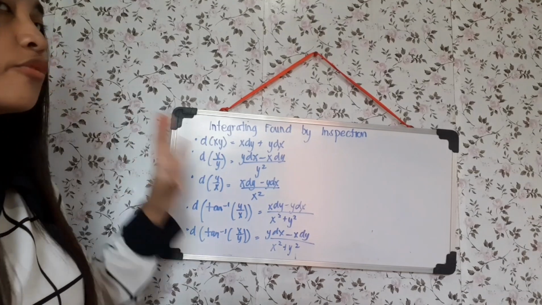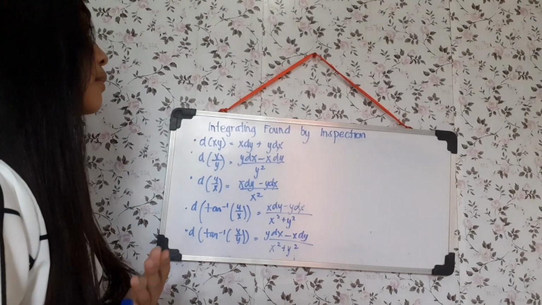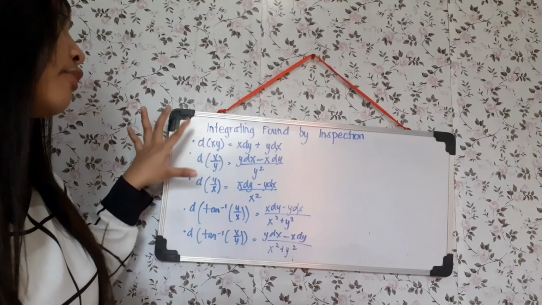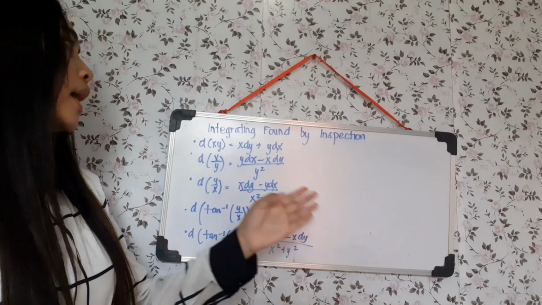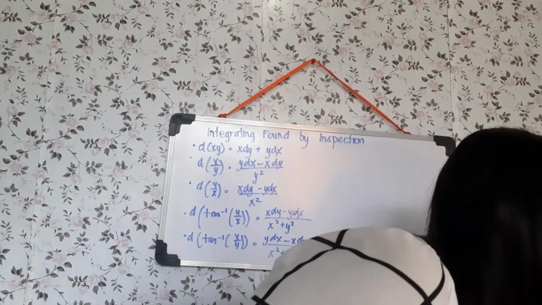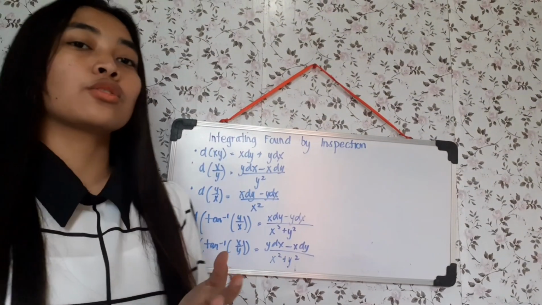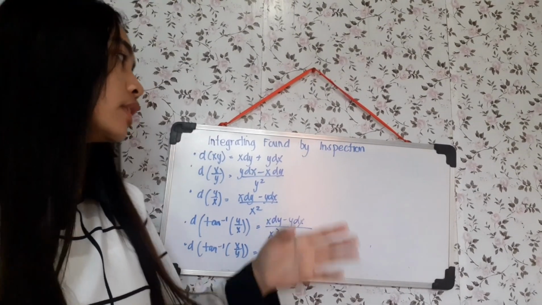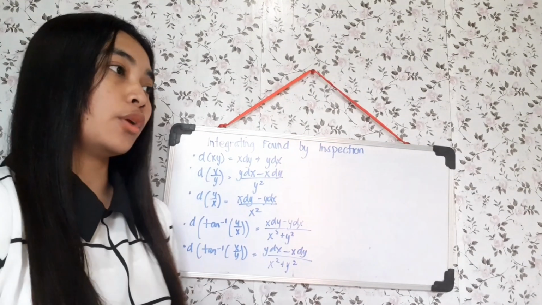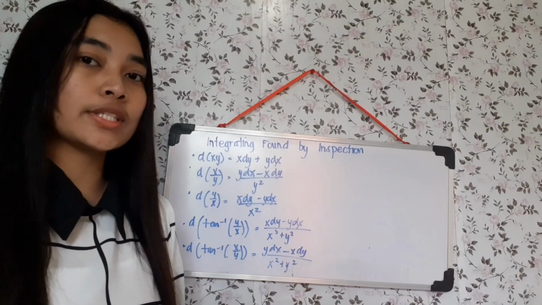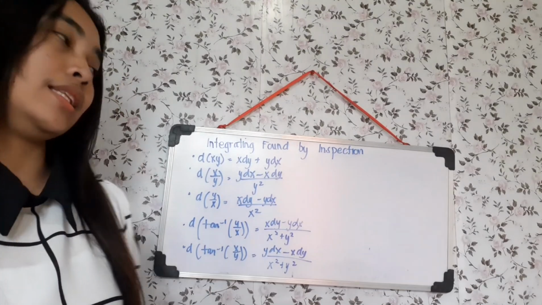So those are the 5 formulas that you can use in inspection, or 5 formulas to remember for integrating found by inspection. The only thing to remember in this topic is the combination of dx and dy, and also that what is outside in the given is also what is inside.